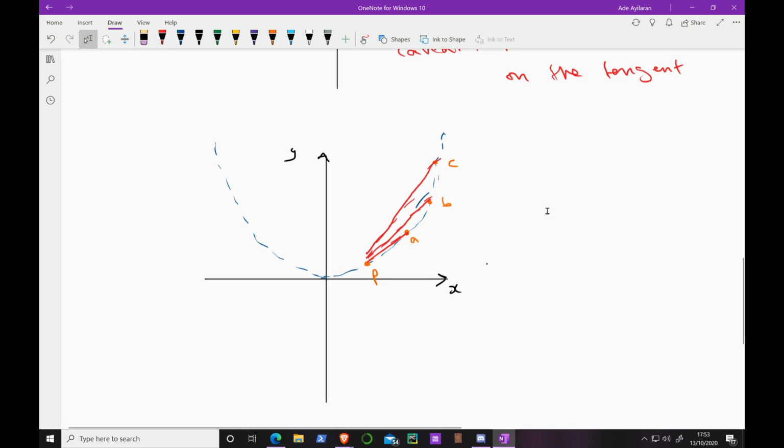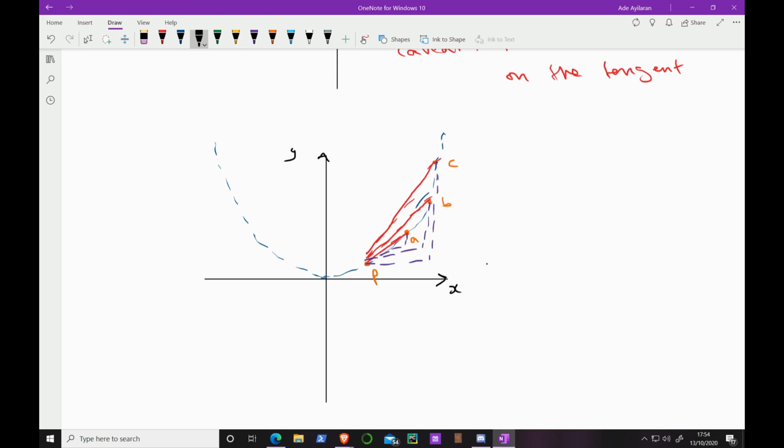We don't really know these points, but if we bring them very close to P. First of all, we've got straight lines that are almost tangential to the point P. So we have this one here, from P to C, and then we have this one from P to B, and then this one here from P to A. These are badly drawn, so don't worry about that.